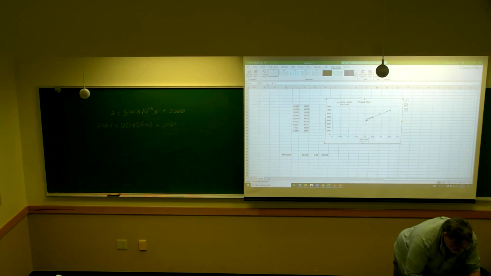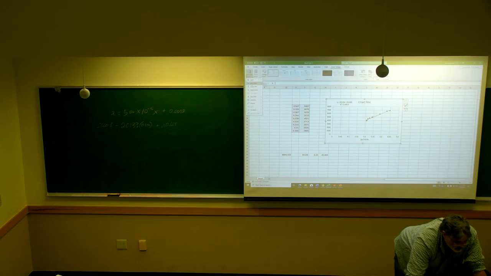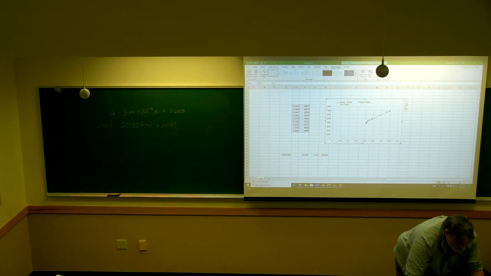So this was sine theta. Horizontal axis was... did it not add?